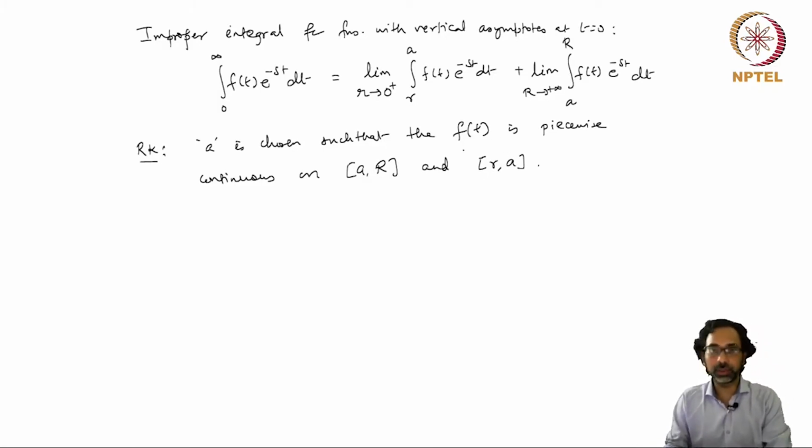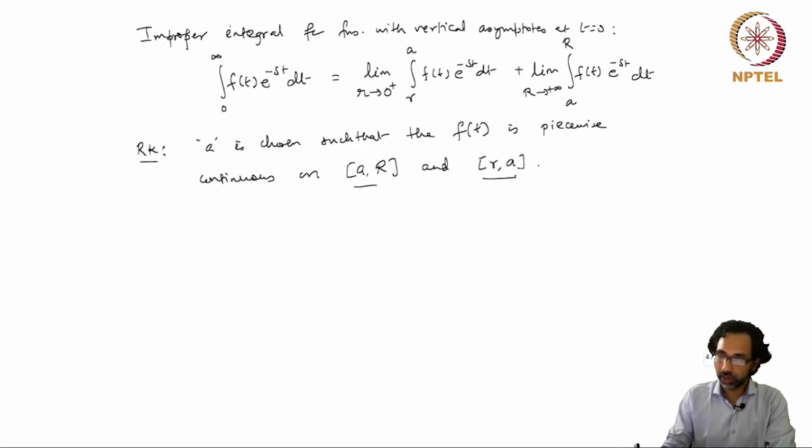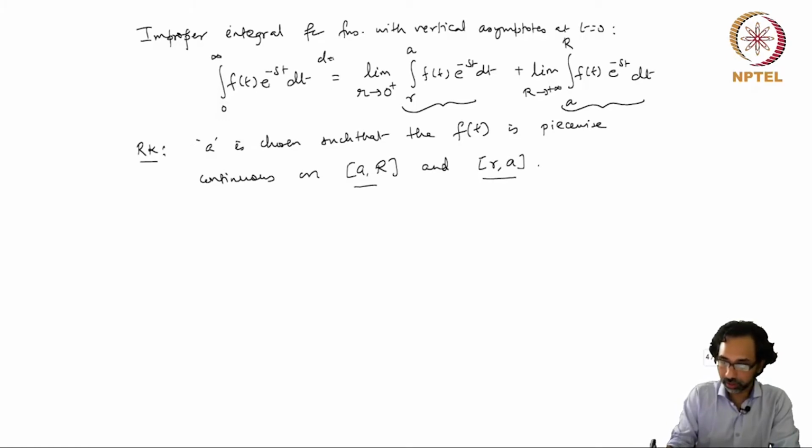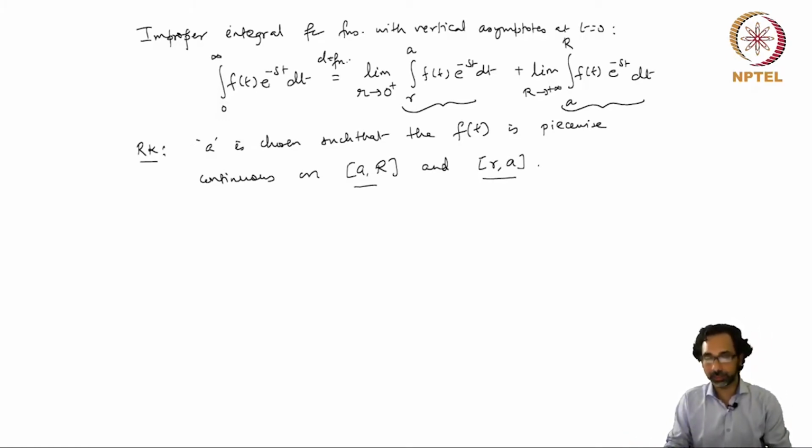Our function needs to be well behaved outside 0, so one can find such a point a. Now these two integrals inside the limits are ordinary Riemann integrals, and because the function is piecewise continuous, the Riemann integrals will exist. Then we take the limit as small r goes to 0 from the right, and capital R goes to plus infinity for the second integral. So this is our definition of the Laplace transform in this case.